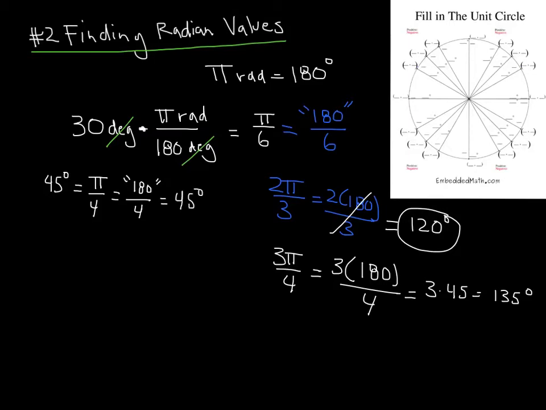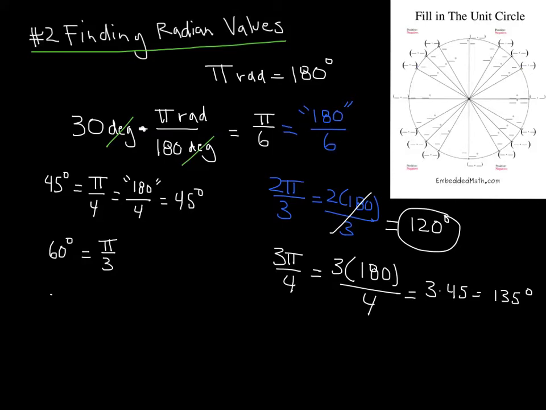Now, when you think about 60 degrees, see if you can figure that out. 60 degrees would be pi divided by what? Or 180 divided by what? Well, it's going to be 180 divided by 3. So pi over 3 is going to be 60. Hopefully you're picking this up.